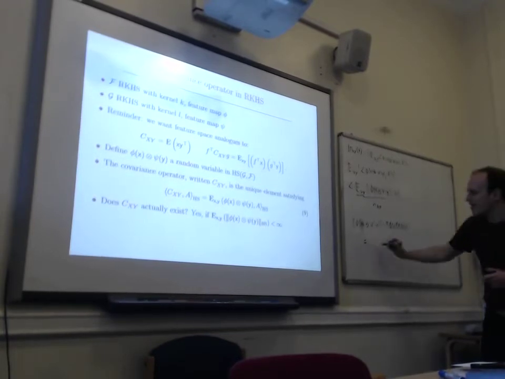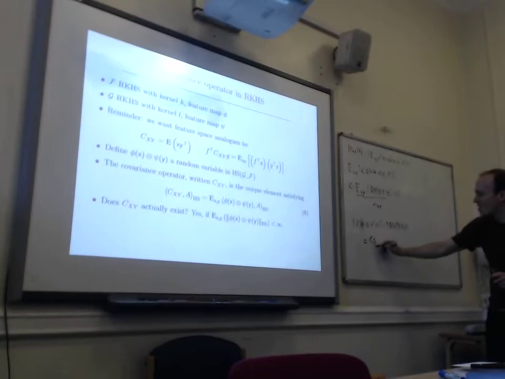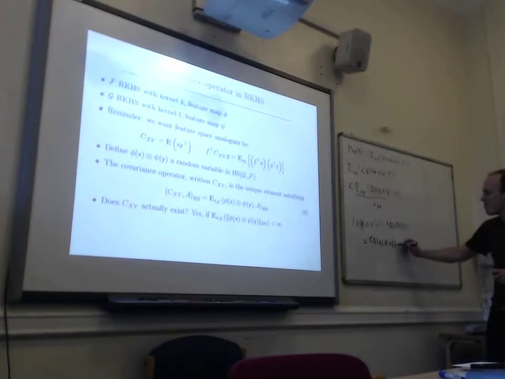Okay, so what is the norm of the feature map of x? What is the feature map of x in a product with itself? Kernel XX. Yep.